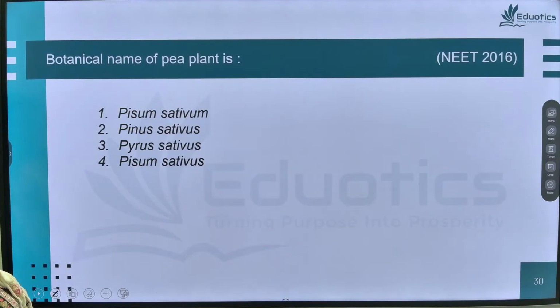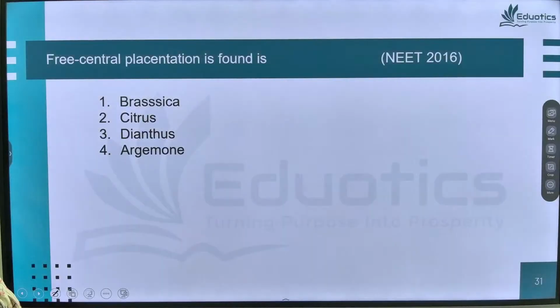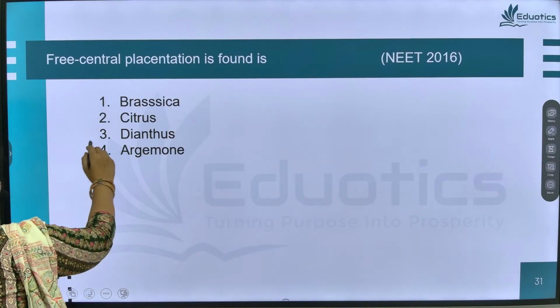Botanical name of the pea plant, Pisum sativum, on which Gregor John Mendel had performed a series of experiments. Free central placentation is present in Dianthus and Primrose.